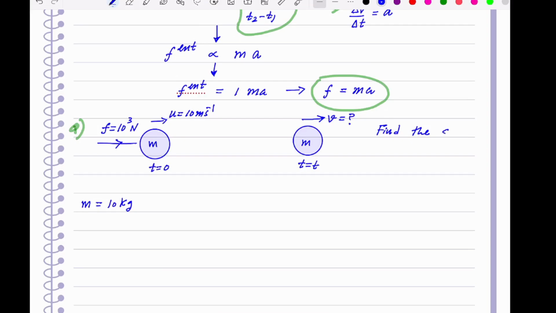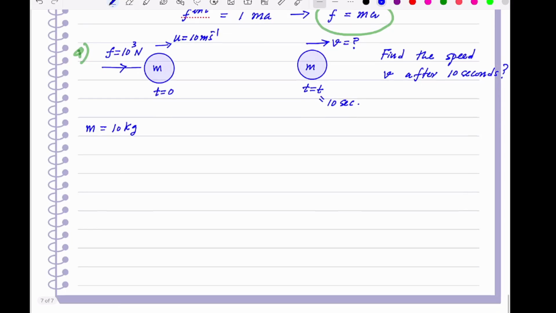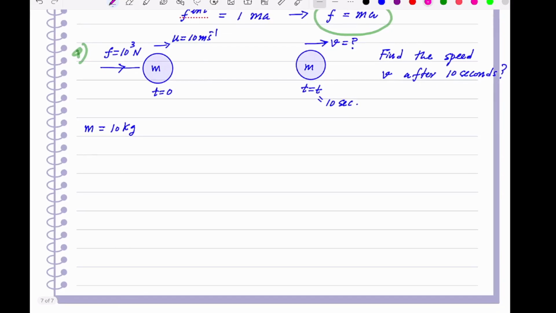Find the speed v after 10 seconds. So that means this t is considered to be 10. Okay, so how to do this one?